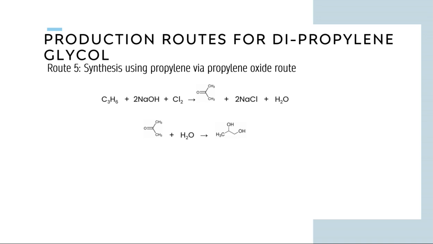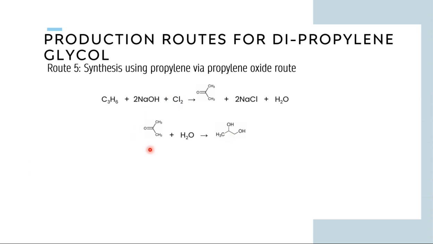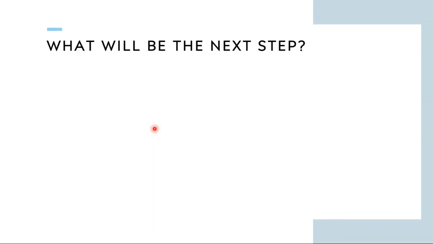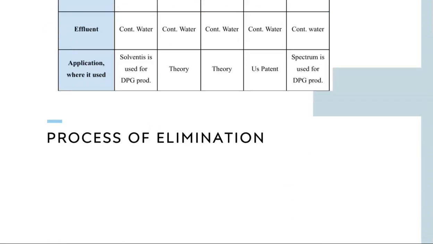Then in turn, propylene oxide reacts with water to produce dipropylene glycol. For the second reaction, the atom efficiency is 100%. But if I combine these two reactions, the final reaction will be C3H6 reacting with 2 moles of NaOH plus Cl2 gives 1 mole of dipropylene glycol and 2 moles of NaCl. So these 2 moles of NaCl that are generated are reducing its atom efficiency. Because of this, the atom efficiency is really low for the fifth process.